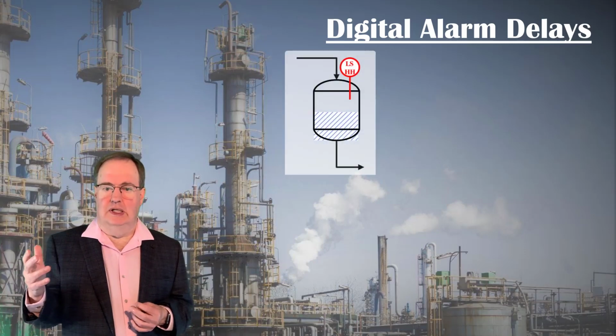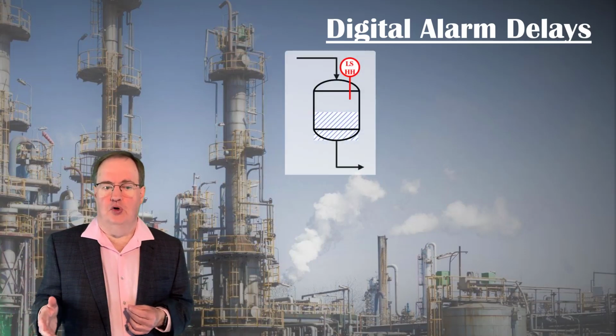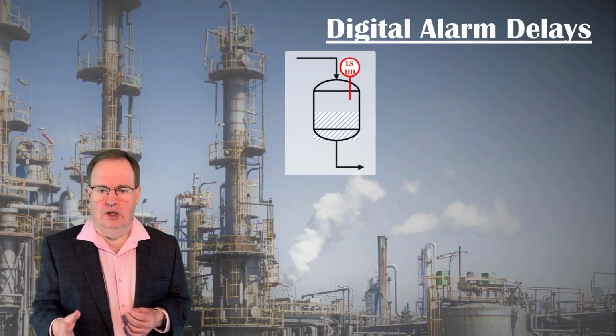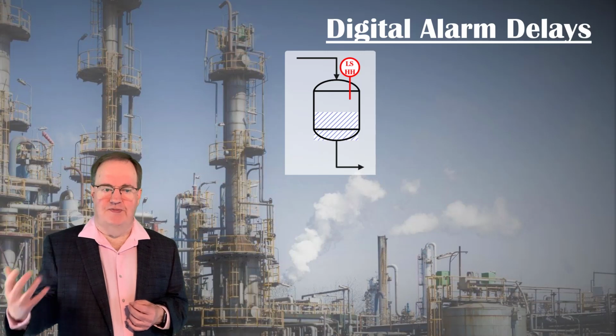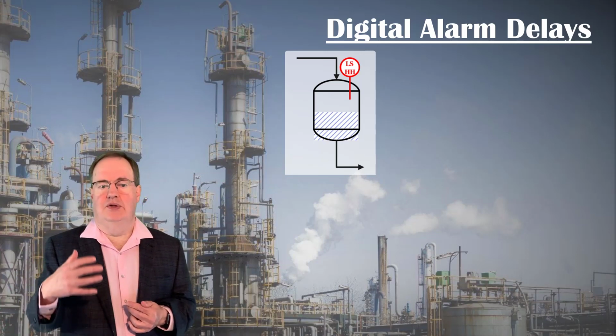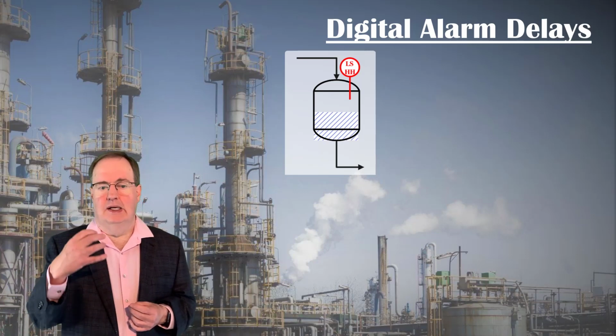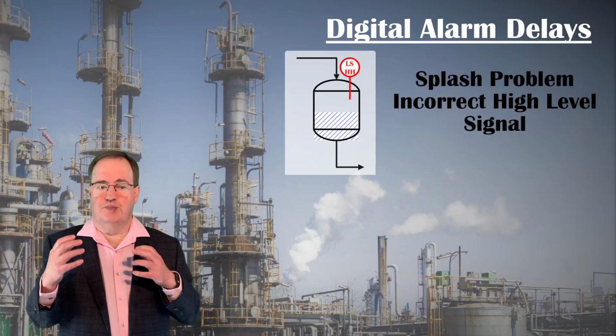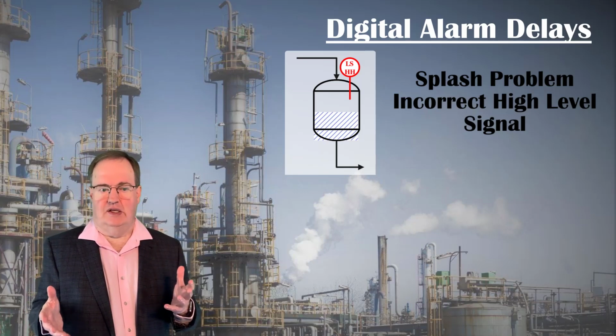An example is a digital high-level probe in a distillate or bottoms tank for a distillation column. The tank is fed from above with liquid near its bubble point, and the receiver is small, so the probe is necessarily near the liquid inlet. Splashing is to be expected.